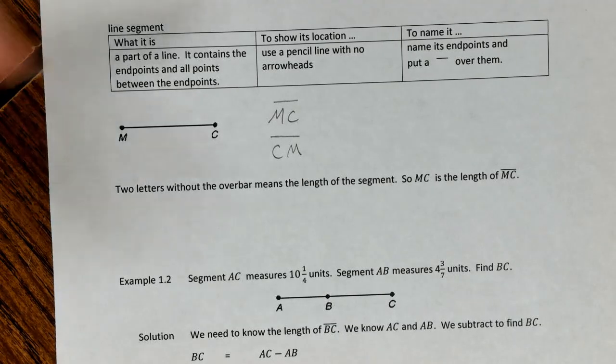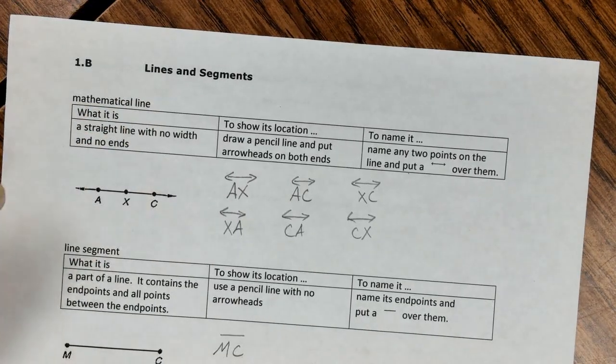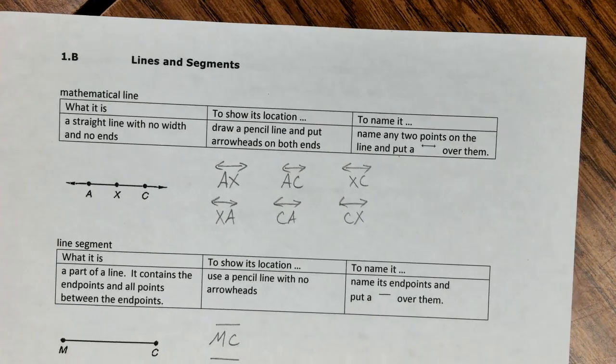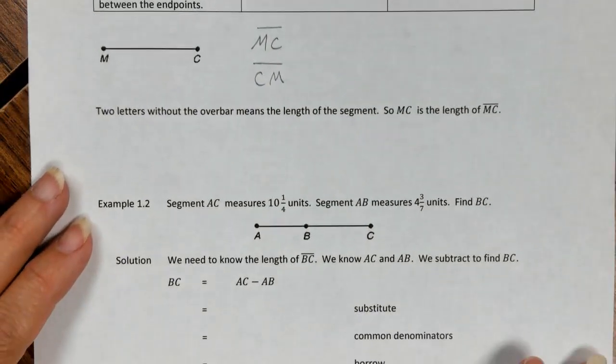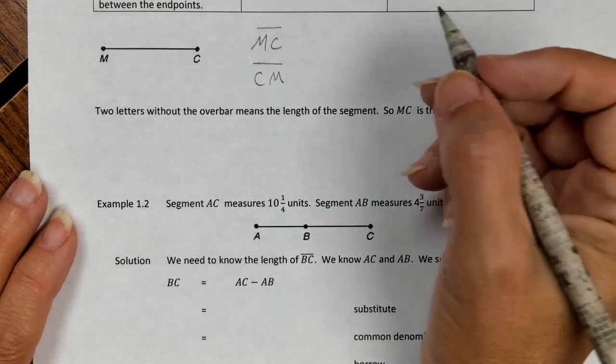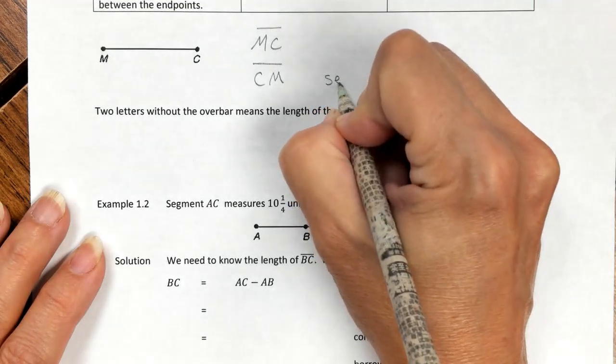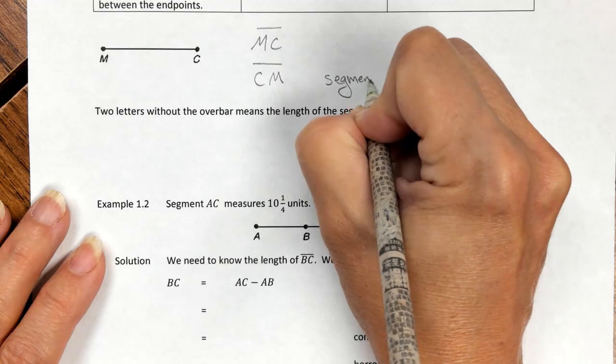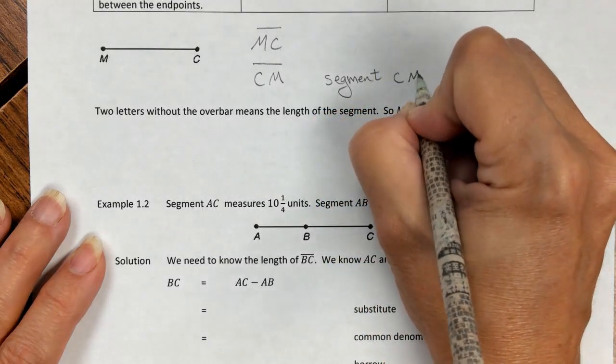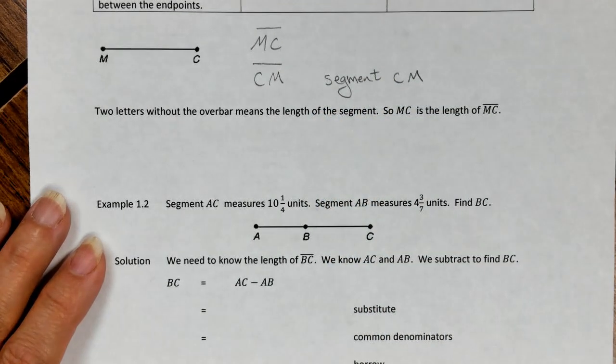And then up here, line AX. Okay. In fact, I think maybe I won't make you go back up and write, but we're going to write that here. Segment CM. Okay.